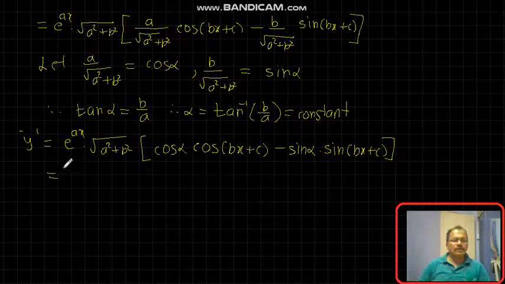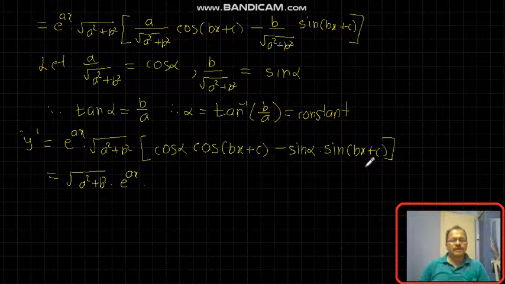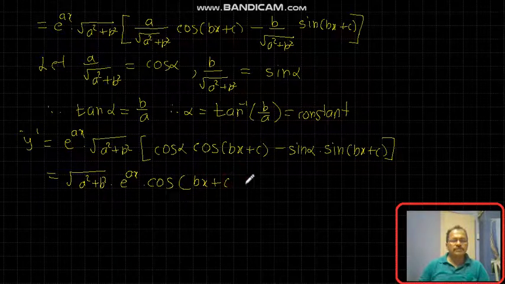This is equal to square root of a square plus b square into e raised to ax into, now this is the formula of cos A cos B minus sin A sin B. The formula used is cos of A plus B, so this becomes cos of A plus B. I am rearranging the terms: bx plus c plus alpha.